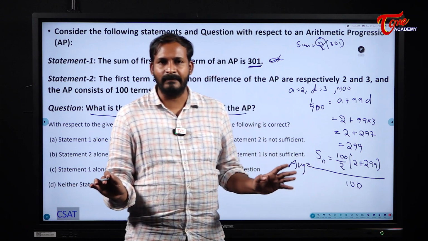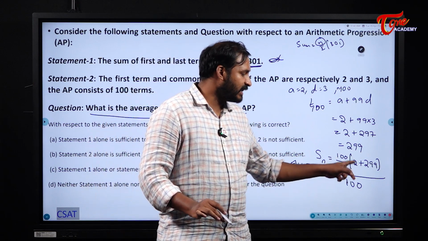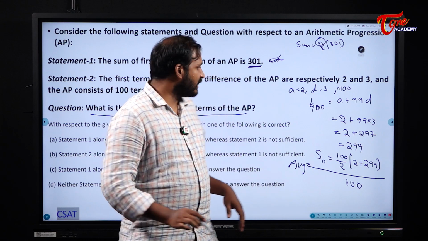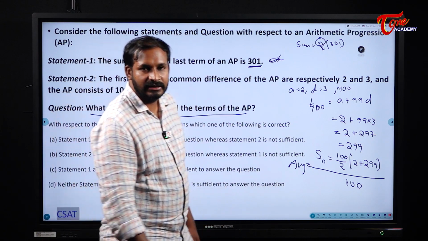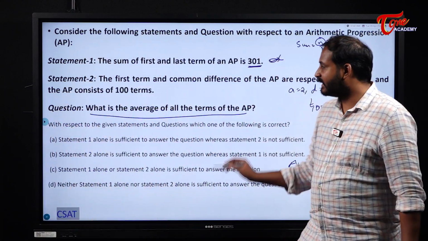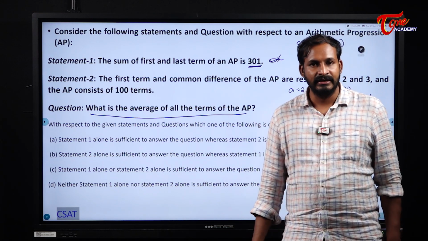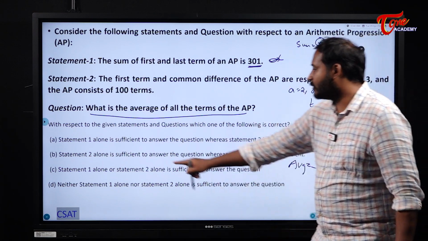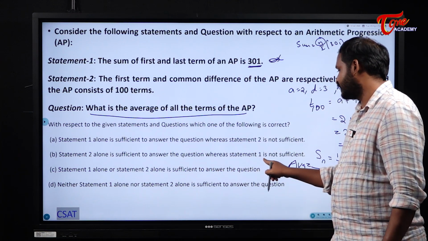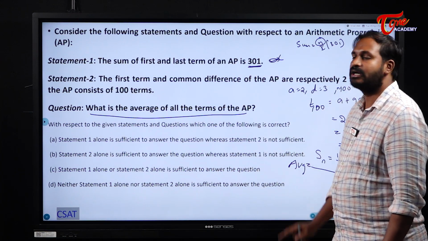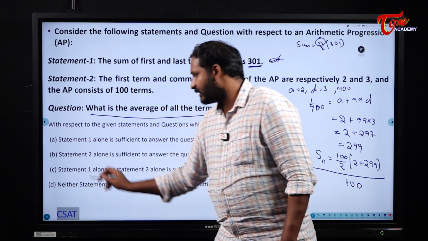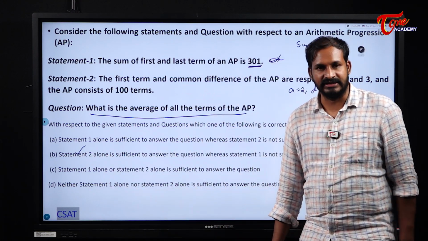We don't require the complete answer, just to observe whether we will get an answer. Yes, we will get an answer. So with only statement 2, I can tell the average of the terms in the given AP. So statement 2 alone is sufficient to answer the question, whereas statement 1 is not sufficient. That will be our answer here.